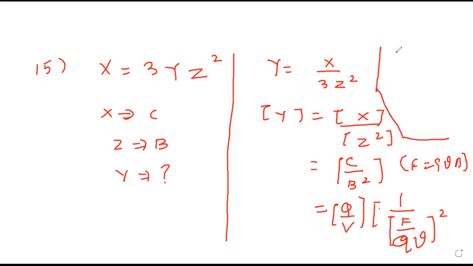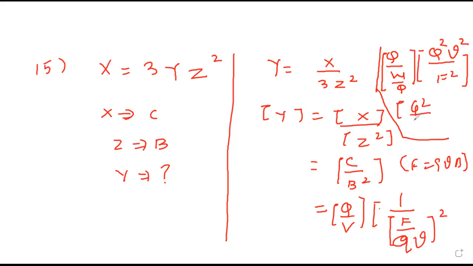Potential is work upon charge. Into this, Q square, velocity V square upon force F square. Q goes up, Q square upon work, Q square, velocity V square.